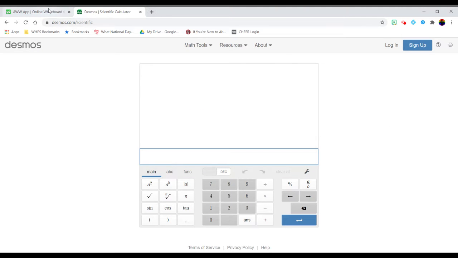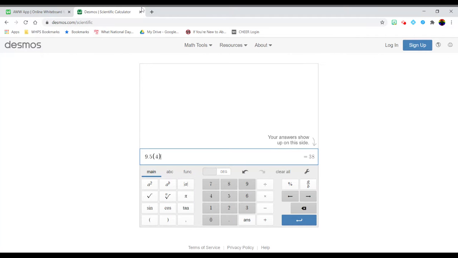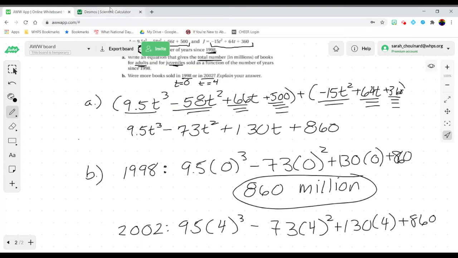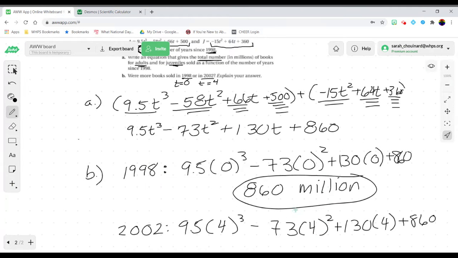It's linked in your overview. And we can just type that equation in. So I can do 9.5 times 4 to the third, plus 73 times 4 squared, plus 130 times 4, plus 860. And so in that year, 820 million books were sold.